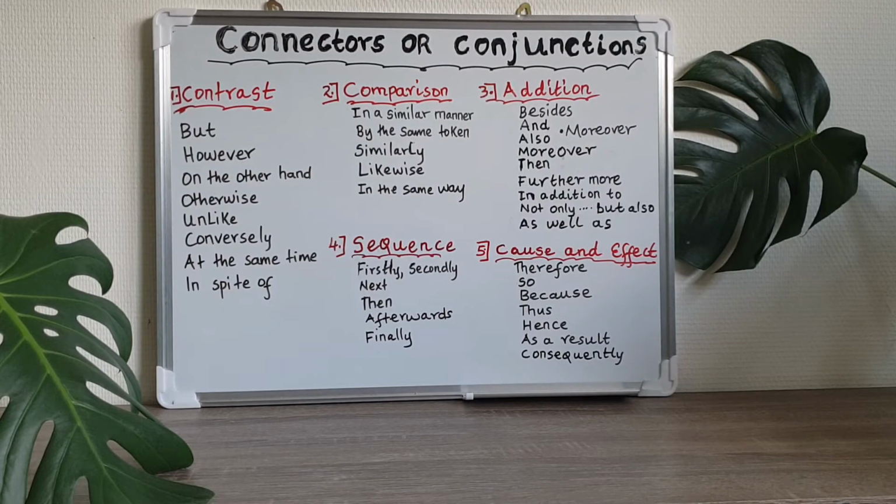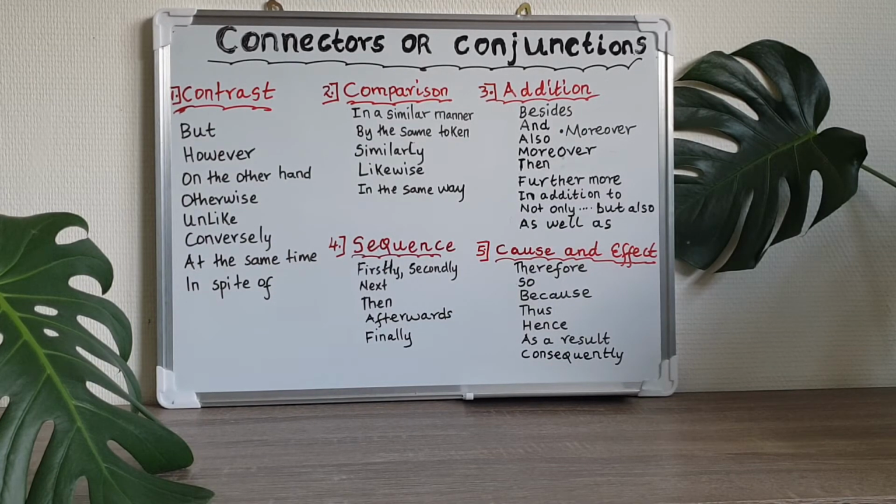By comparing them. The first one, it's contrasting the ideas, but the second category is comparing them. Okay? Now, they are in a similar manner, by the same token, similarly, likewise, in the same way.